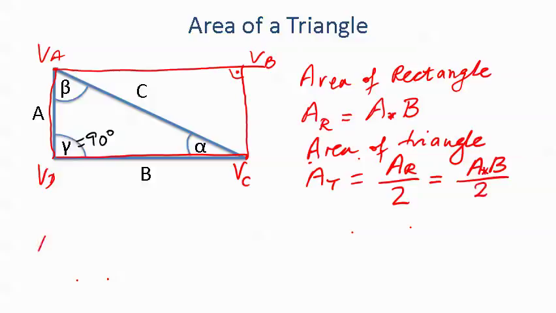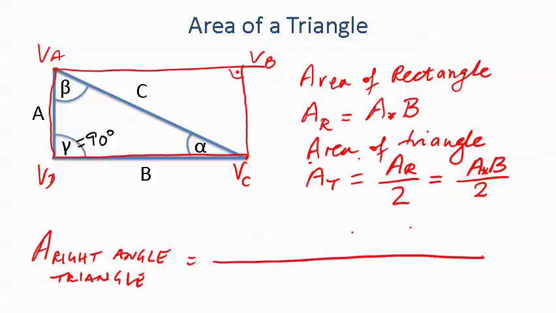So the area of a right-angle triangle is evaluated as the product of the perpendiculars divided by 2.